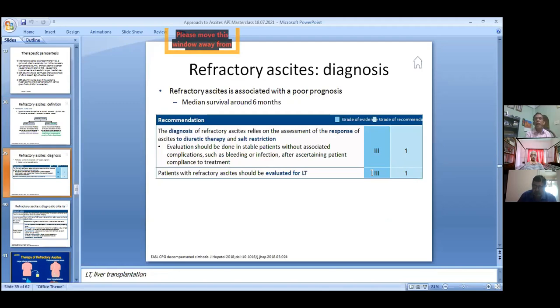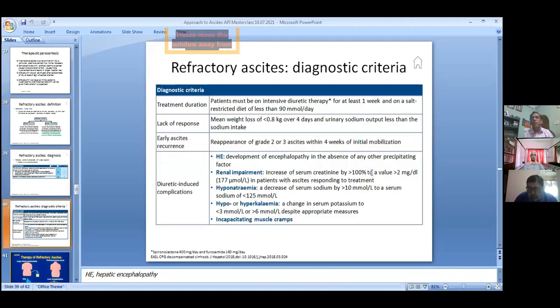So what is the treatment of refractory ascites? The patient must be on intensive diuretic therapy for at least 1 week before being labeled as refractory ascites. And there may be diuretic induced complications, as I mentioned: hepatic encephalopathy, renal failure, hyponatremia, hypo or hyperkalemia, or intractable muscle cramp.